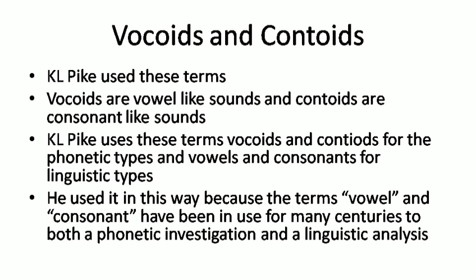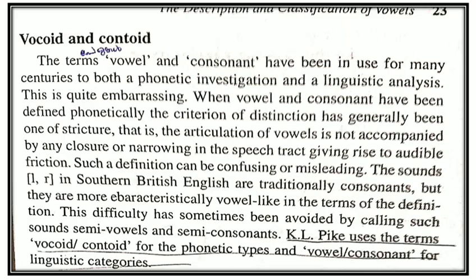He used it in this way because the terms vowel and consonant have been in use for many centuries for both phonetic investigation and linguistic analysis. So he wanted to make a difference between vowels and consonants and vocoids and contoids. If you want to read more about vocoids and contoids, you can read here and understand very well.